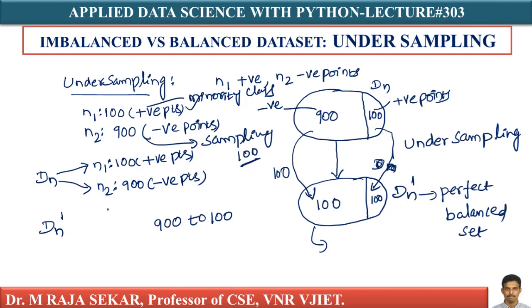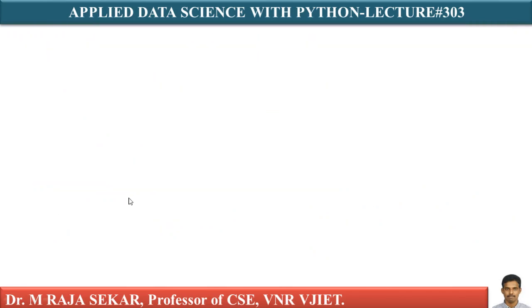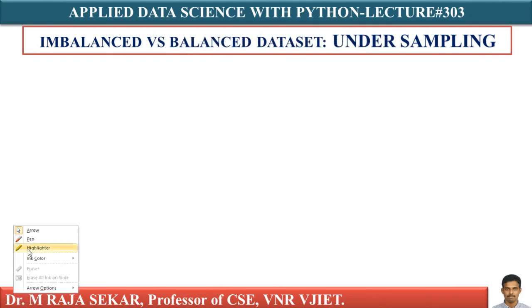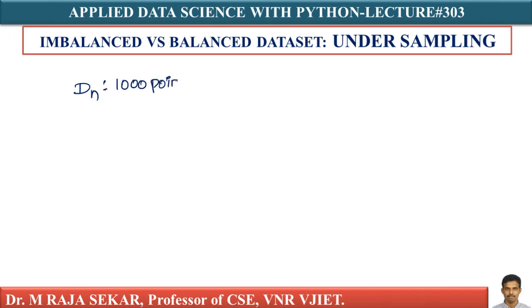Originally, let me rewrite it, your DN is having 1000 points. This is the original data set DN, in which there are 900 negative points and 100 positive points.